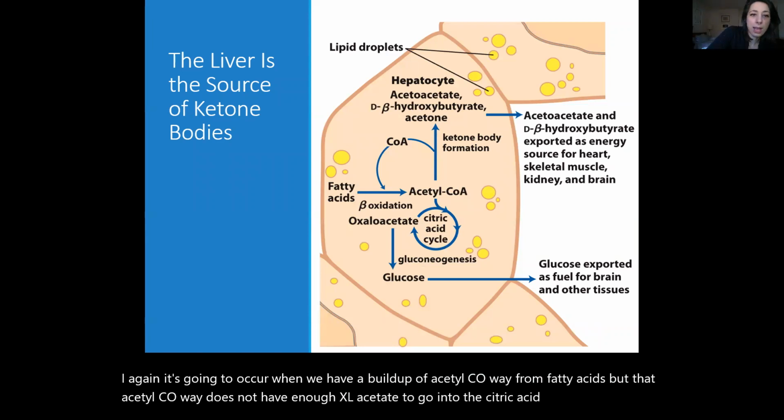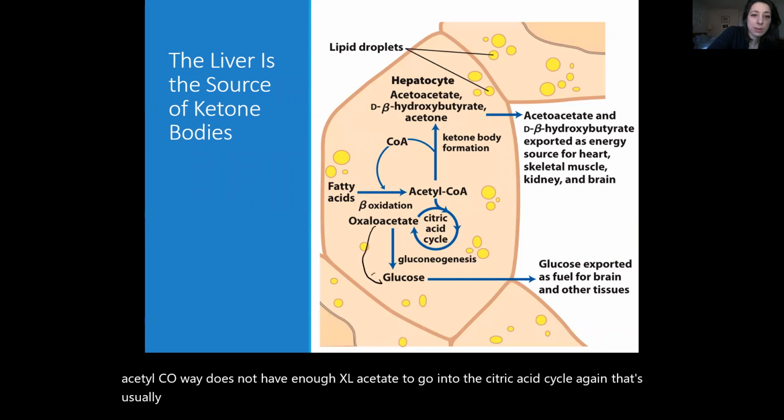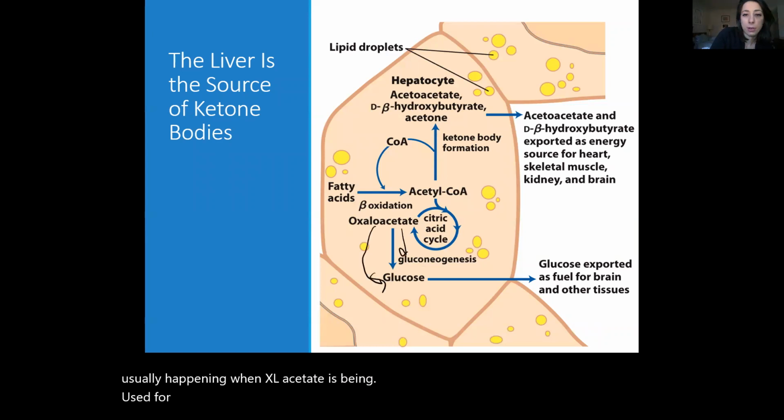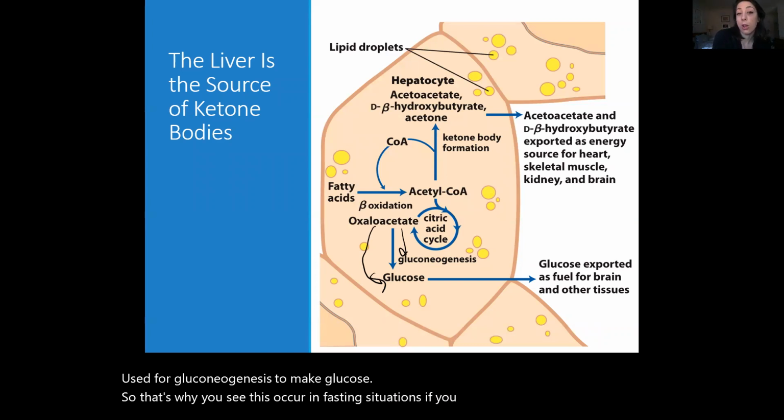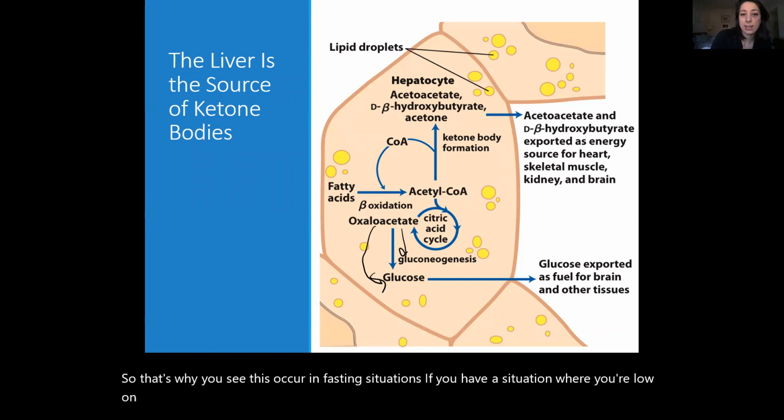Again, that's usually happening when oxaloacetate is being used for gluconeogenesis to make glucose. So that's why you see this occur in fasting situations. If you have a situation where you're low on sugar, you're not ingesting a lot of sugar, but you are ingesting or using a lot of fats, you would see this exact scenario occur.